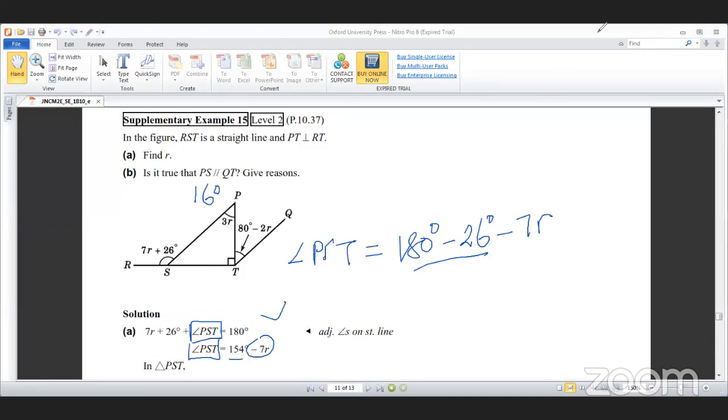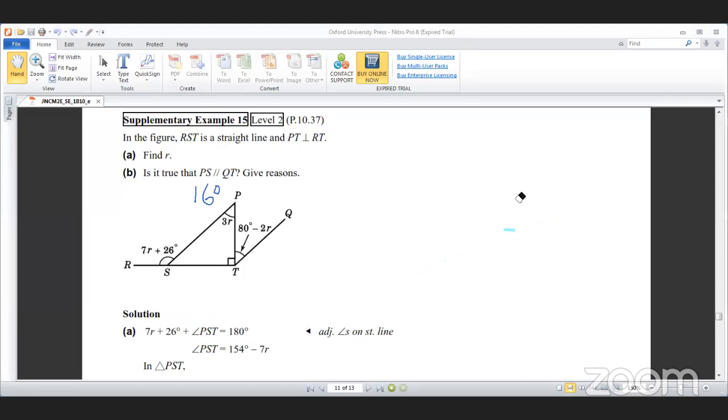After getting this one, if we look at the triangle PST, this angle can now be written as 154 degrees minus 7R. This time we use the angle sum of triangle.